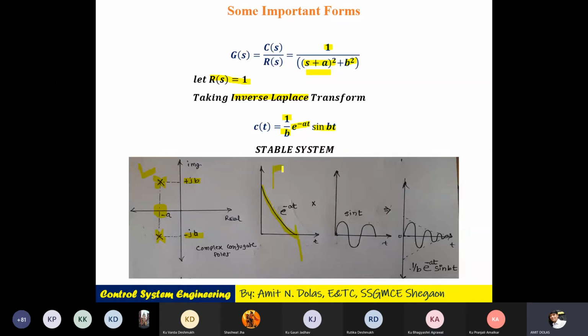Of course it is bounded because it is moving towards zero, and the energy vanishes after a certain time period. Again, sin bt is also a bounded signal, and both signals are bounded. Their product will again be bounded, because as the exponential decay moves towards zero, the product will also be zero.